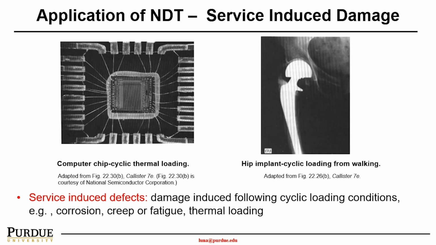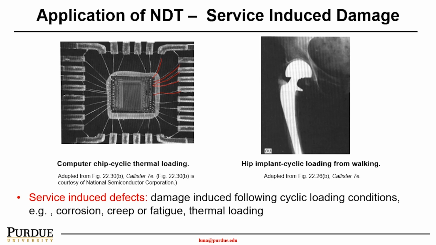And in this slide, I would like to talk about the third type of defects, which is called service-induced damage. On the left, we can see a computer chip going through cyclic thermal loading, so therefore your wire bonding of the conductors or the wires, in this case could be copper or some other conductor wires, could be easily broken.